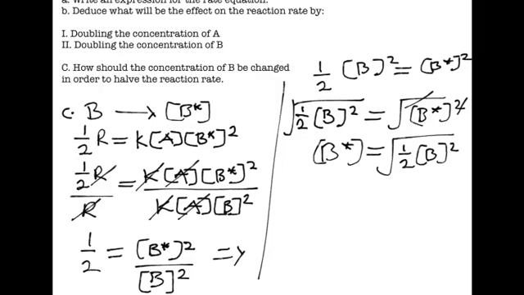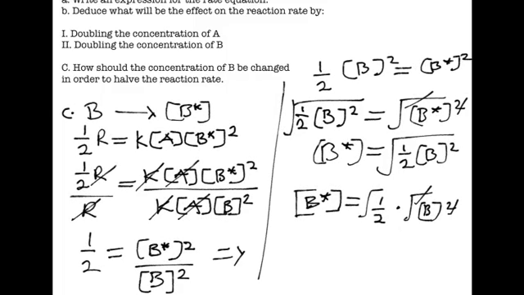So simply we'll say that our concentration B asterisk is the root of 1 out of 2 times the root of B squared, and this will cancel out, giving us B, the concentration of B, times the root of 1 out of 2.